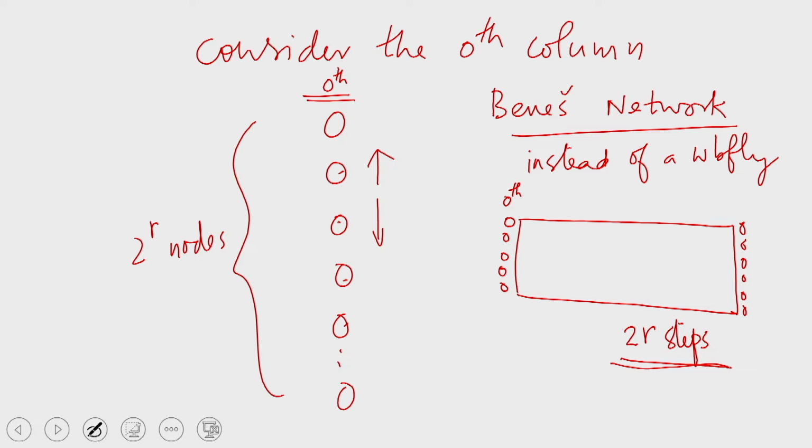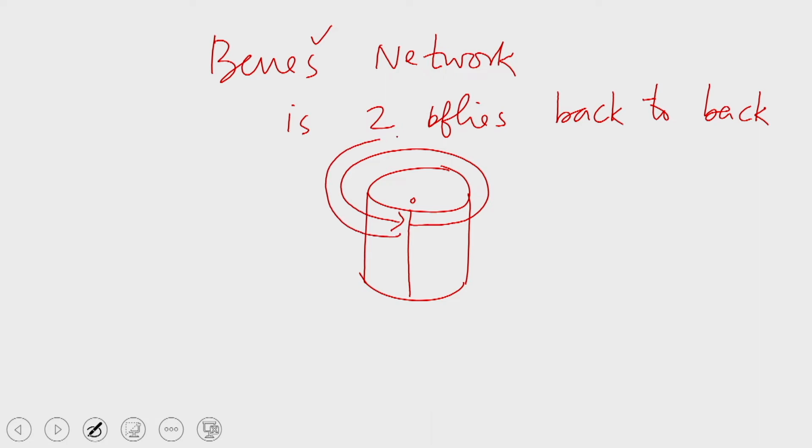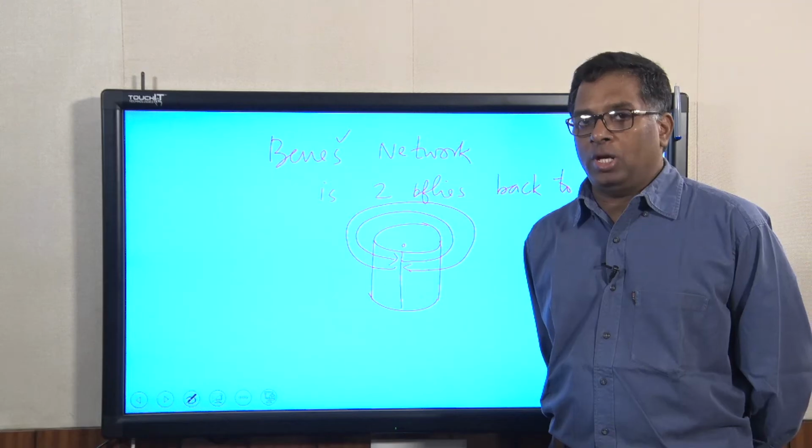But we do not have a Benes network; all that we have is a wrap butterfly. But a Benes network is nothing but 2 butterflies pasted back to back. So in a wrap butterfly, if I start with the 0th column, and send the messages forward until they come to the 0th column again, which also happens to be the last column, and then allow the messages to be sent back in the reverse order until they come back to the 0th column, we would have achieved the effect of a Benes network.